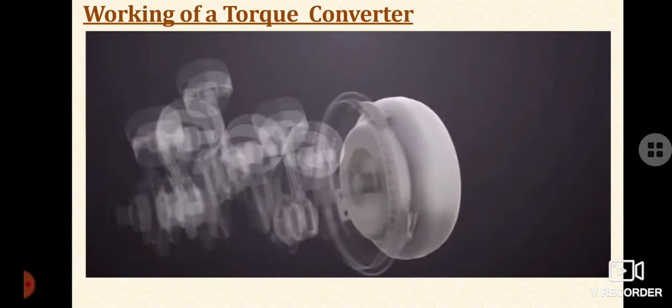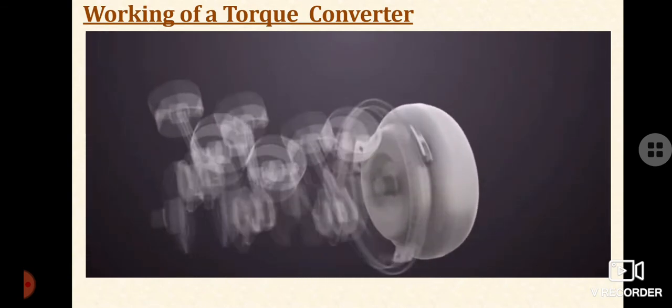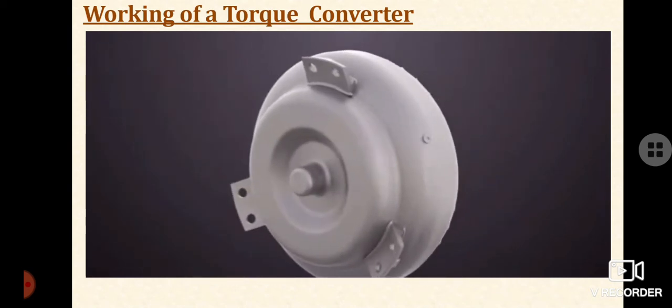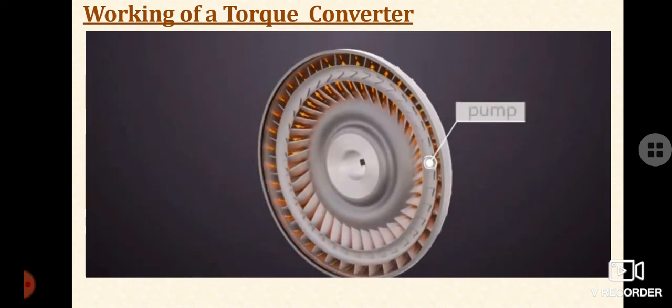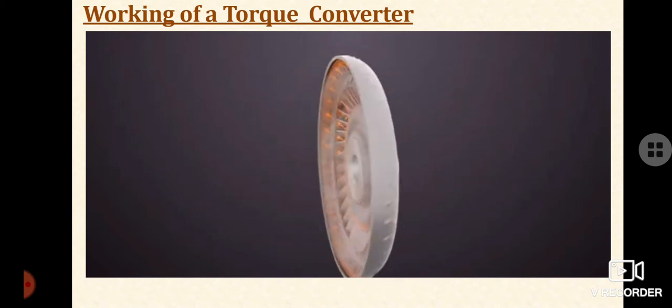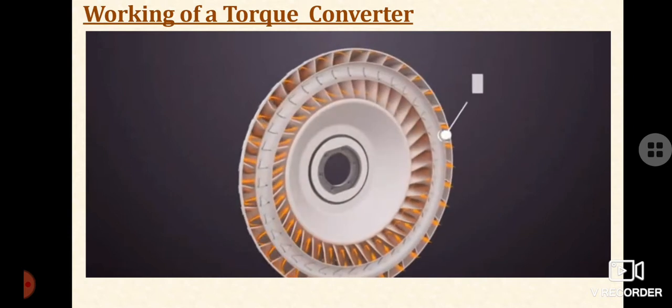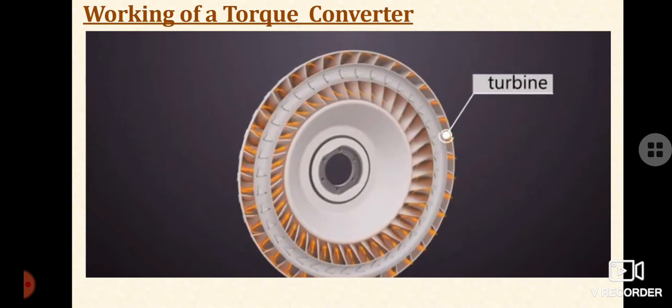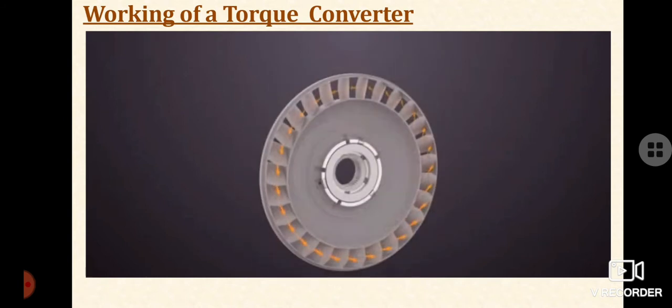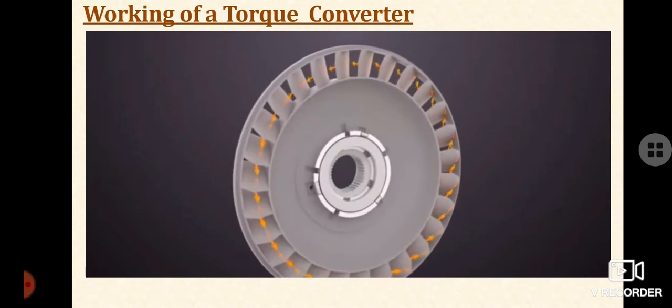As it hits the turbine blades, the turbine starts rotating. This makes the transmission system rotate and the wheels of the vehicle move. When the vehicle stops, the turbine also stops rotating, but the impeller connected to the engine keeps moving, and this prevents the killing of the engine.